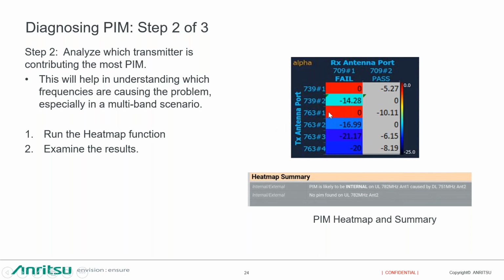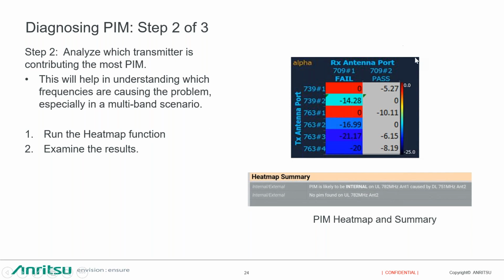In this case, I've got 2 transmitters that are affecting this 709 number 1 uplink. It's the 739 transmitter and the 763 transmitter. And so now, when you go to your troubleshooting phase, you know I need to focus on these 2 transmitters because those are the ones contributing most to my PIM.